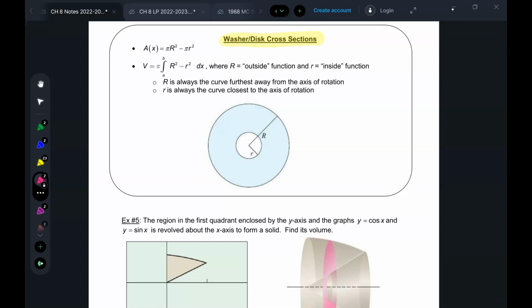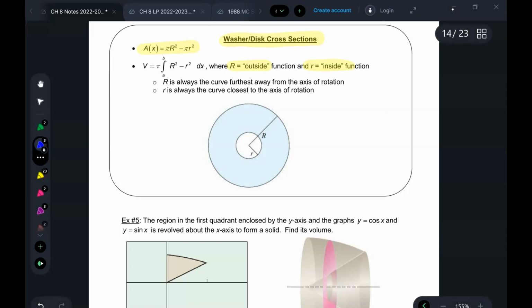So this is when you have two functions. Now you have two different functions where you have an outside and an inside function. So think about the area, just like you did the curves, right? Remember when it was the region bounded between the two curves, you did the top minus the bottom? Same thing here, but it's going to be pi R squared minus pi r squared.